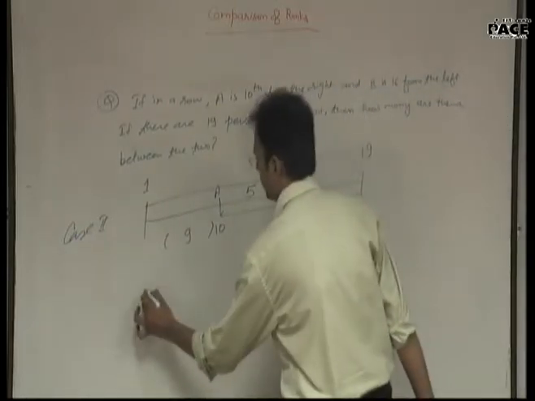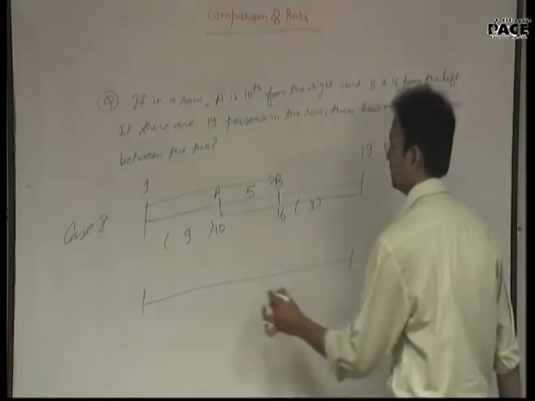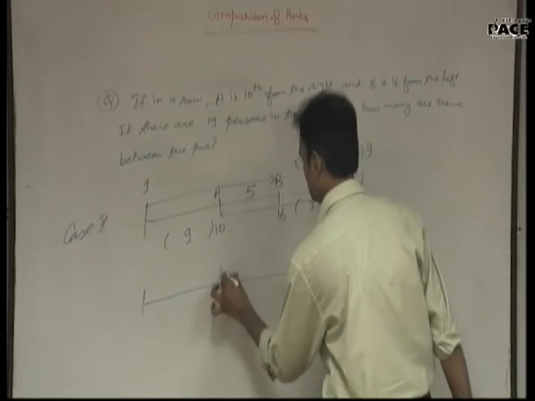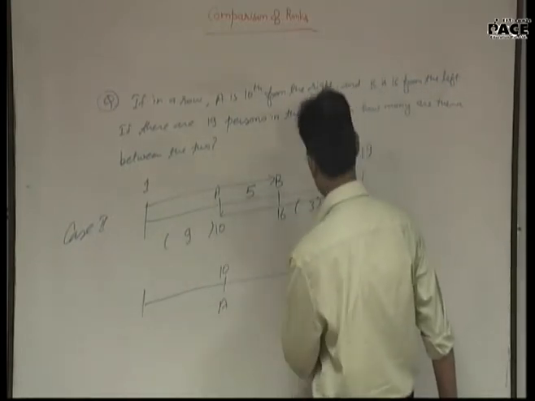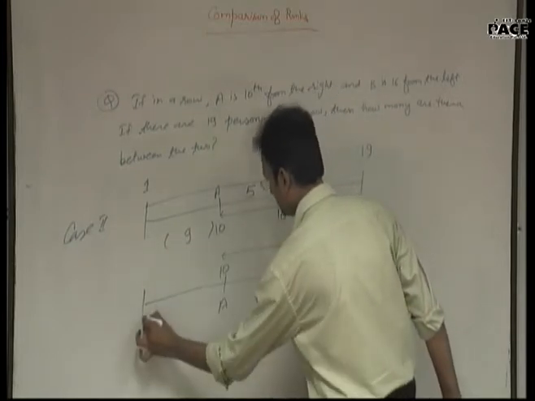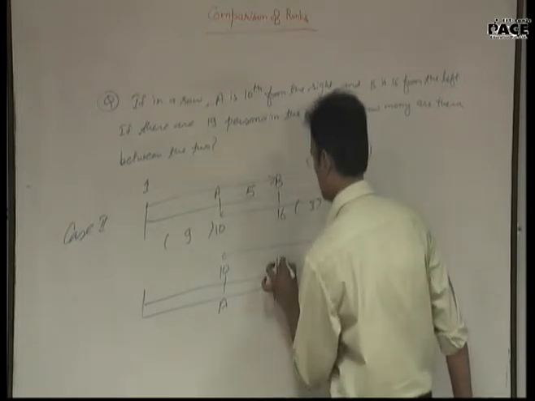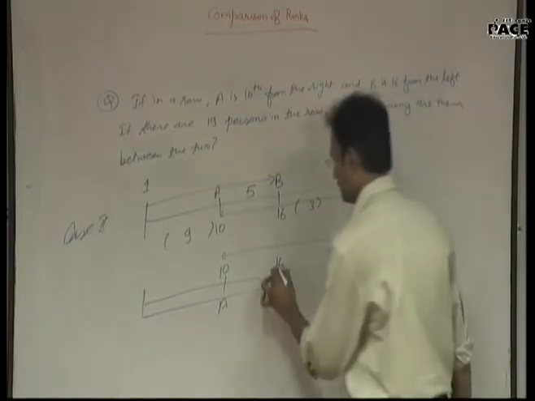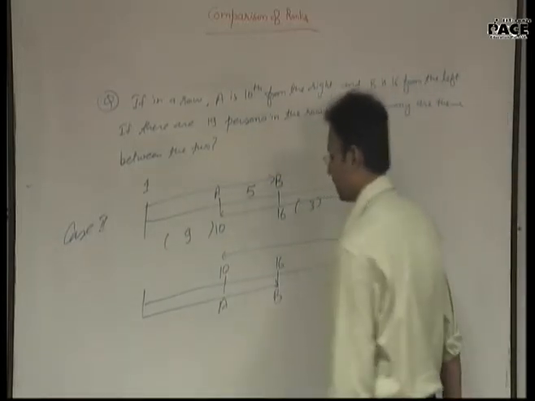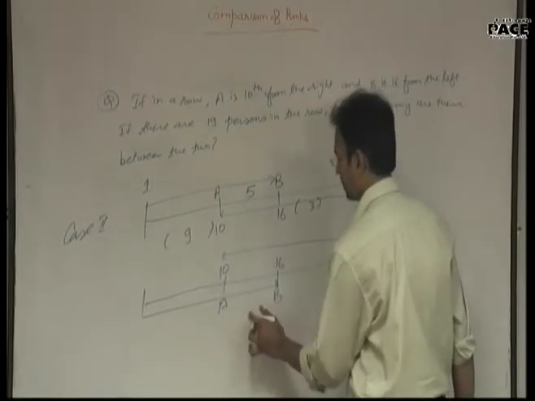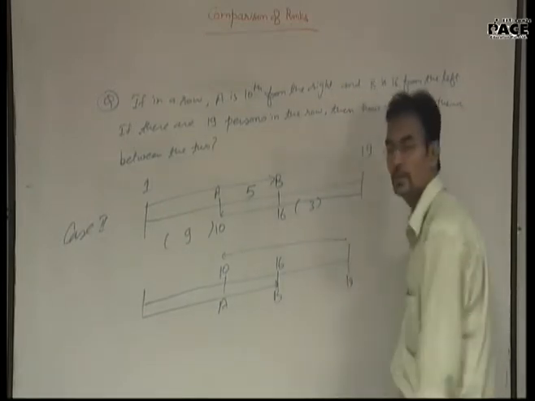Again, if you want to understand this in a different manner, that is A is 10th from the right hand side and B is 16th from the left hand side. So what we have? 19 people in all.